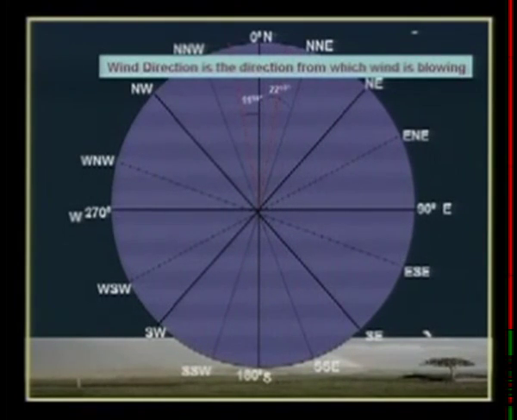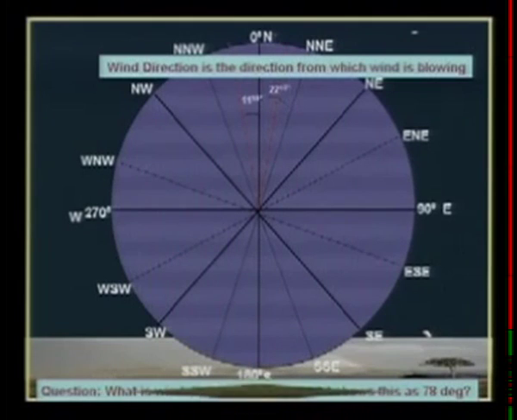Let's do one more example. The question, as you can see at the bottom of your screen, is what is the wind direction if the measurement shows 78 degrees. So where would 78 degrees be?